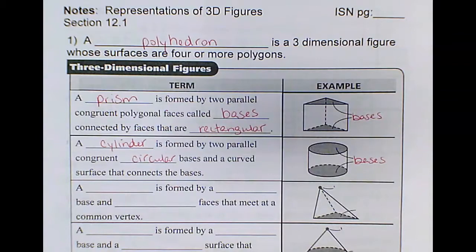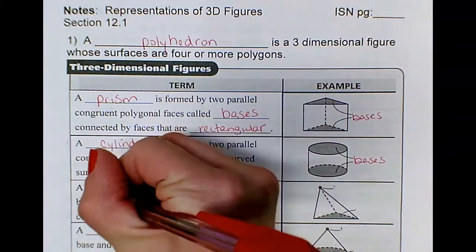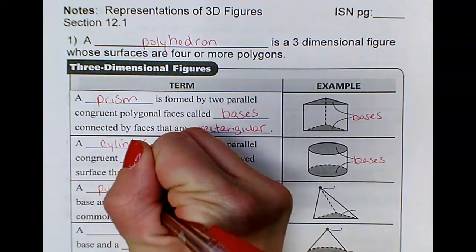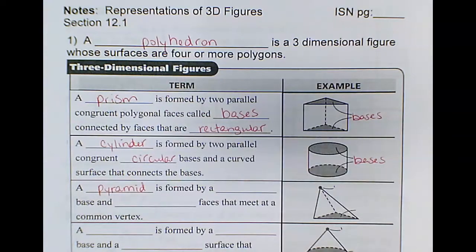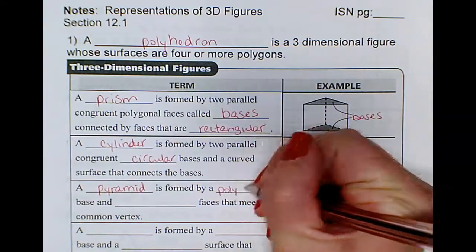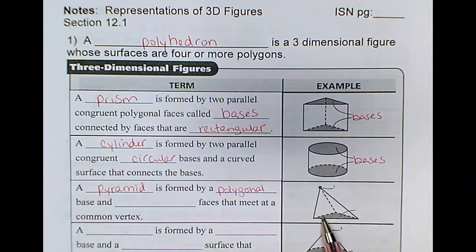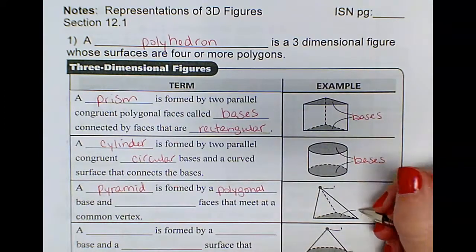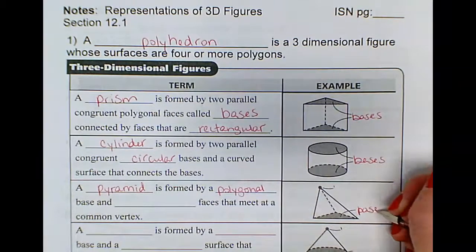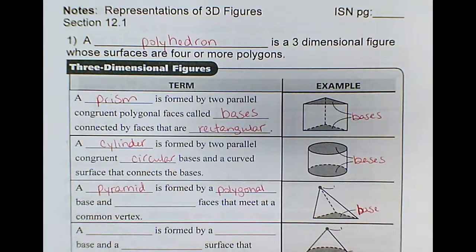Another three-dimensional figure we want to discuss is the pyramid. A pyramid is formed by a polygonal base. So this figure down here is going to be some sort of polygon. That's its base.